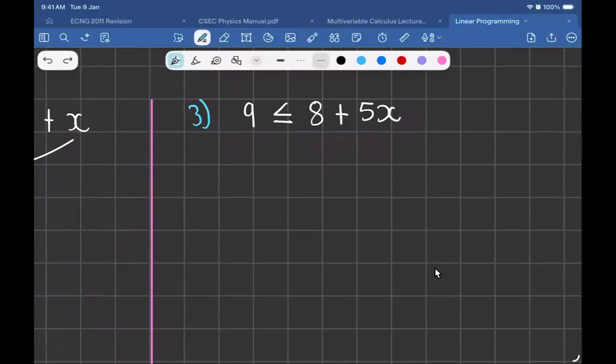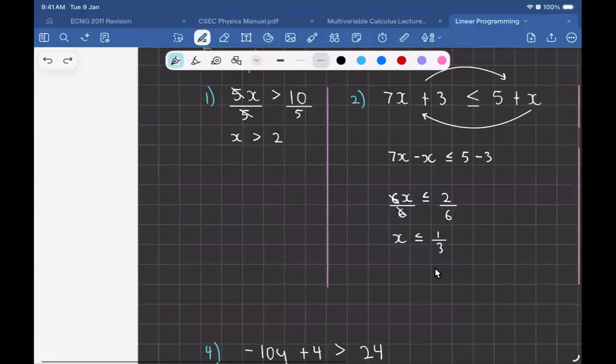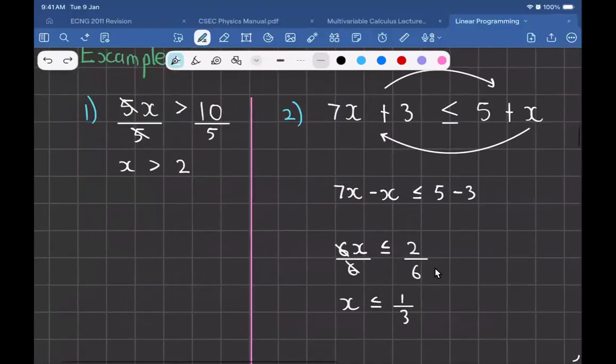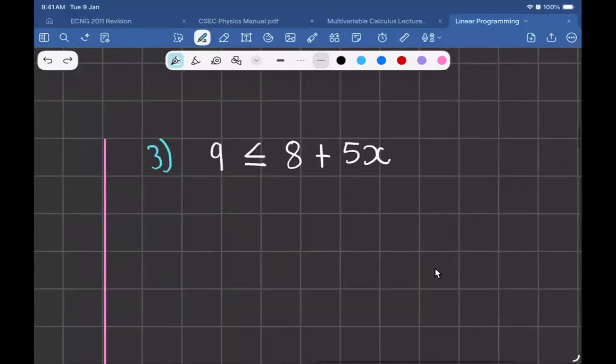If you look at all the other questions, x is on the left, and the numbers are on the right. So what do you think we should do with this?